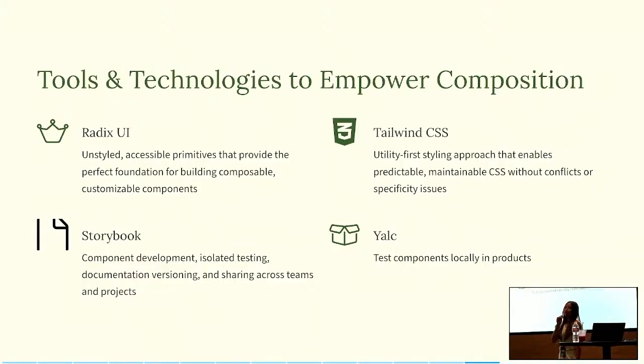They provide very unstyled, accessible components that you can then style yourself, but have the accessibility built in so that you're not having to worry about that. Obviously, you should still worry about accessibility, not what I'm saying, but it provides that foundation for you.